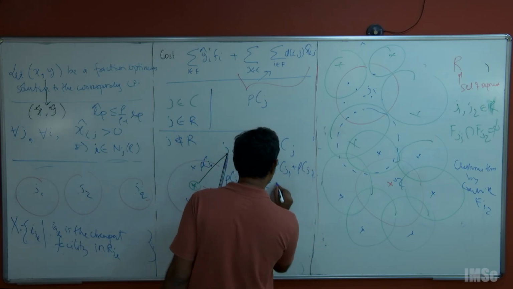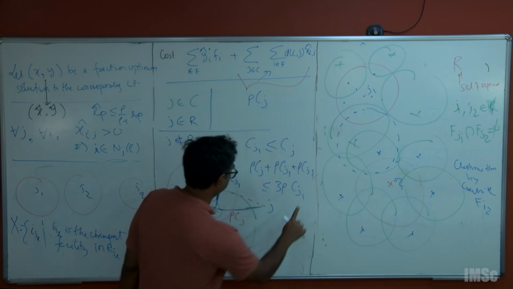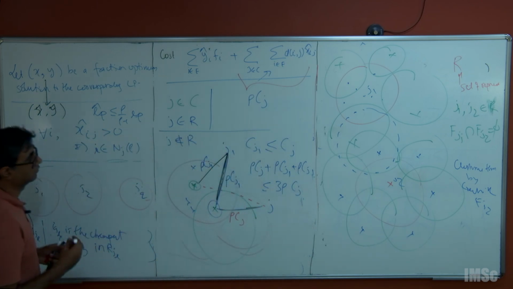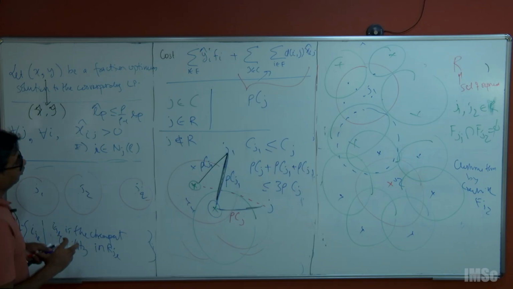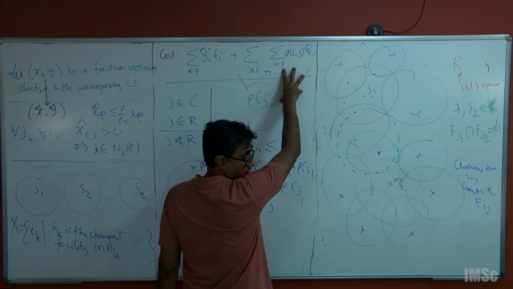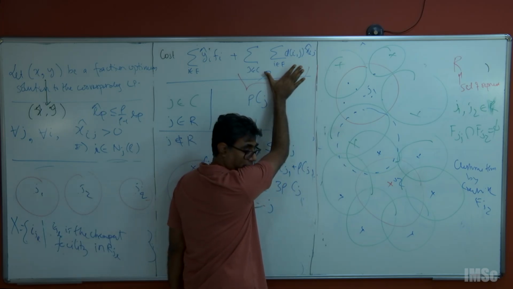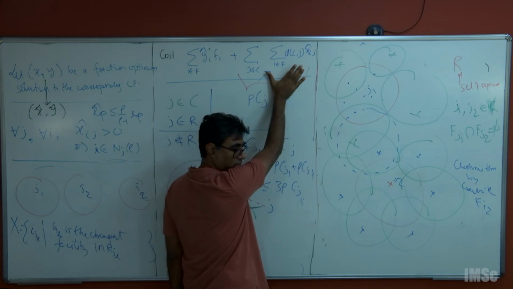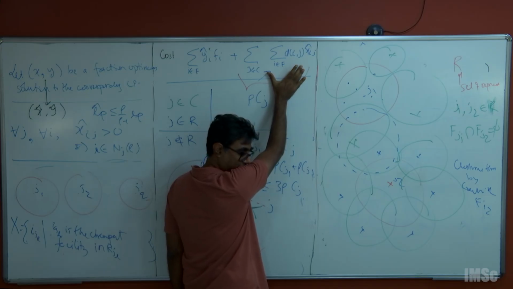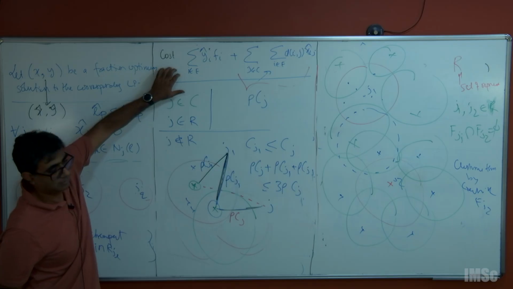So can I say this is 3 times rho times Cj? That's it. So all these guys are not paying more than 3 rho. Whatever is the best I could have hoped for, I am not paying more than 3 rho. That's right? So this is great. Now let's worry about this.